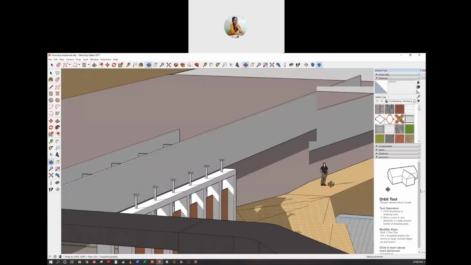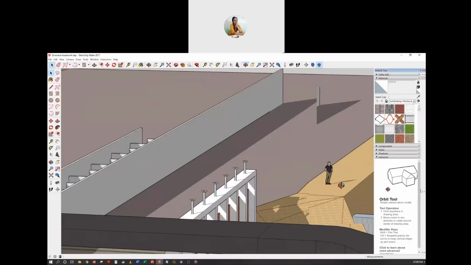Now, this is the embankment that is provided, and it is provided with a curved head, and the downstream end is also provided with some curve.